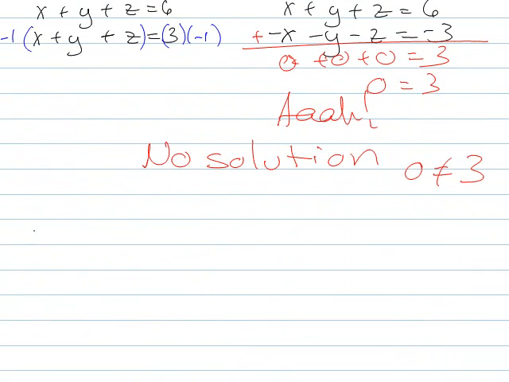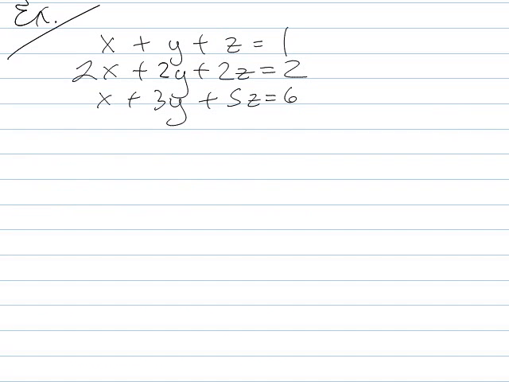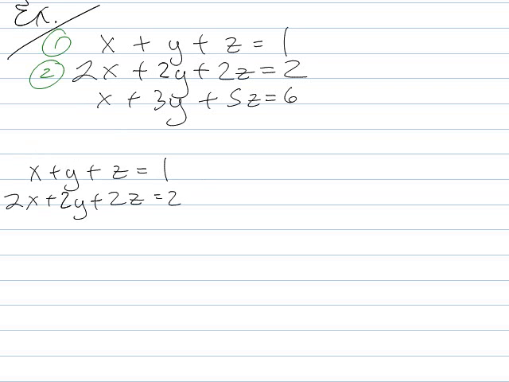And the same thing goes for if you're solving something that has, say, x plus y plus z equals 1, 2x plus 2y plus 2z equals 2. Now again, it might not be this immediately obvious, but it will come out to this at some level eventually. So again, if I wanted to eliminate z, I've got to multiply the top part by 2.